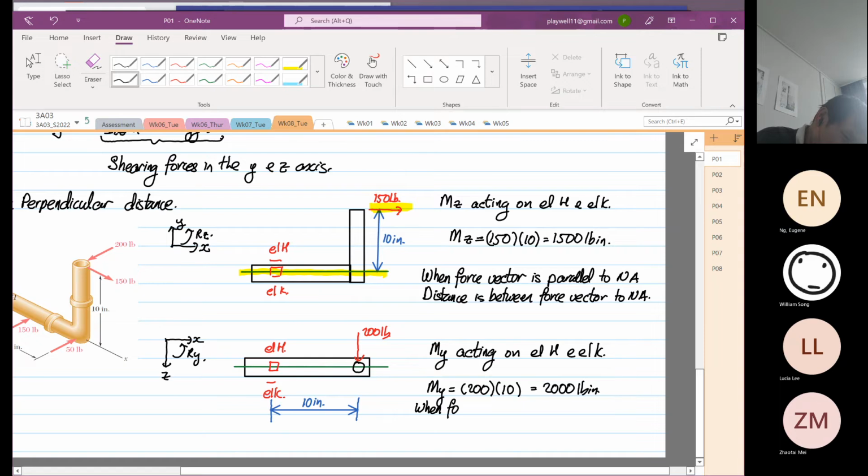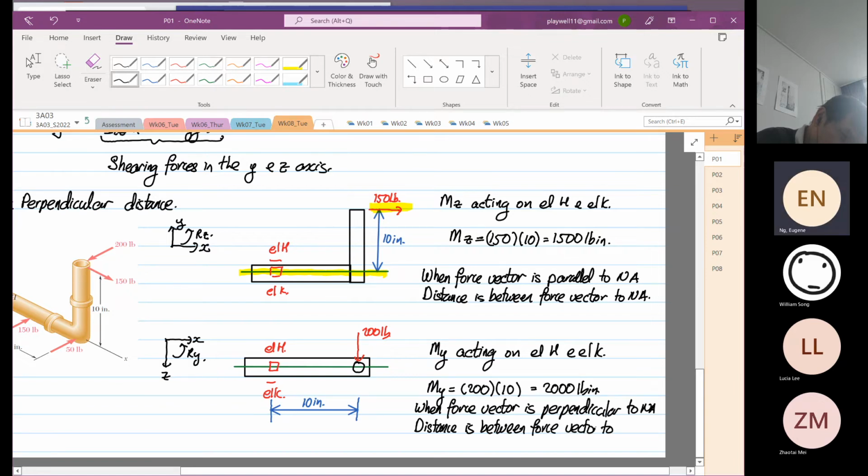The one below, right, is when the force vector is perpendicular to the neutral axis, then the distance is between the force vector to the element.